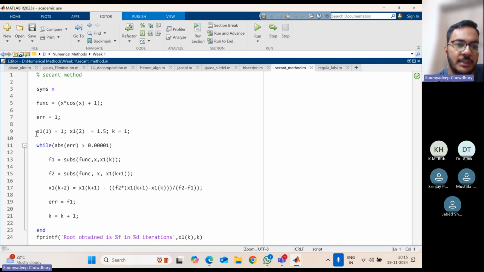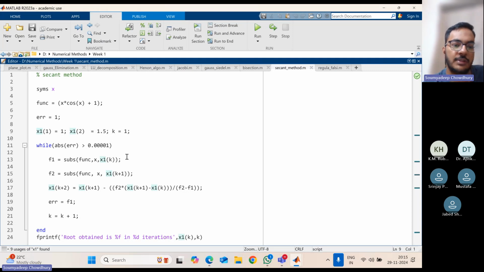The solution is stored in x1 here. So in the ninth line, I have written x1 of 1 equals 1 and x1 of 2 equals 1.5. These two are given to you. So you'll start from the third value, and k is 1. Error is checked while it is greater than this much.